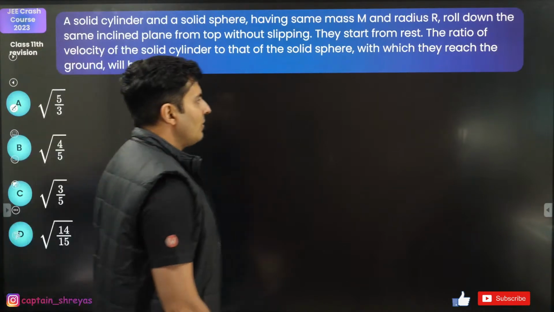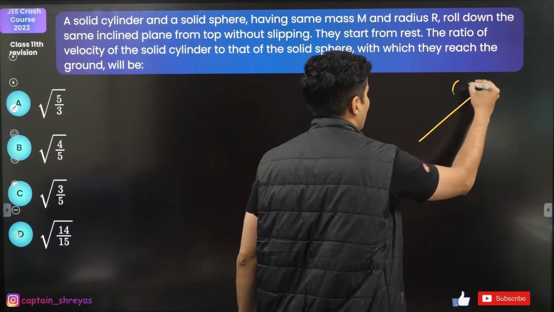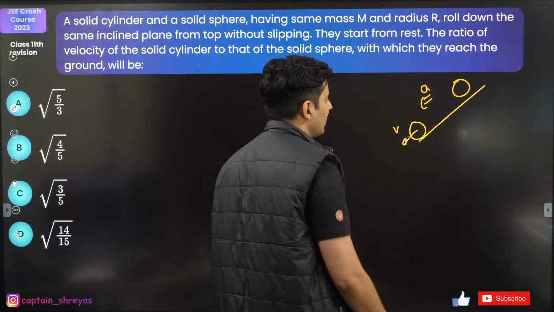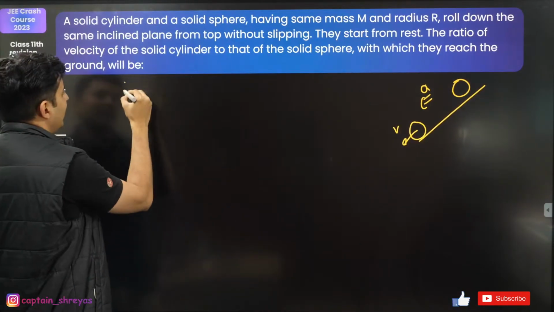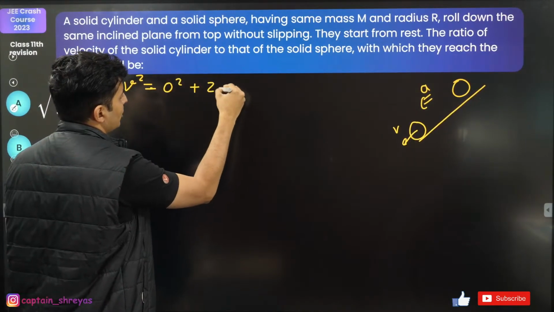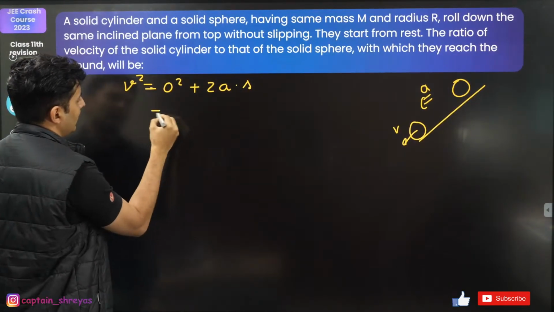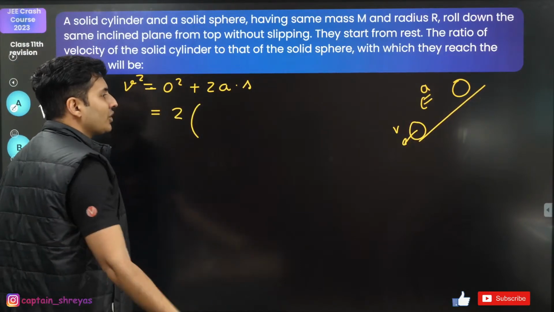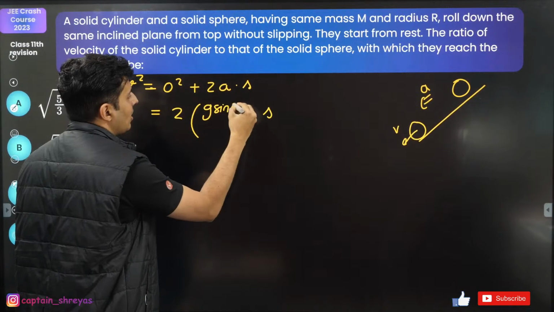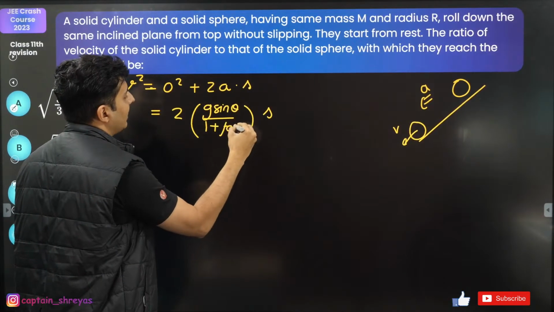Interesting. So when you leave any object and it comes down, obviously it accelerates and acquires some velocity. In order to find that velocity, I can use this equation: v square is u square plus 2 into acceleration into displacement. Now the acceleration also has a standard formula. If you remember, it is g sine theta upon 1 plus the factor which comes.